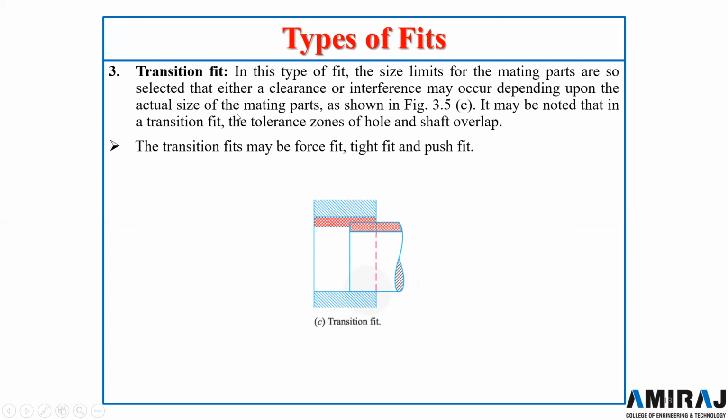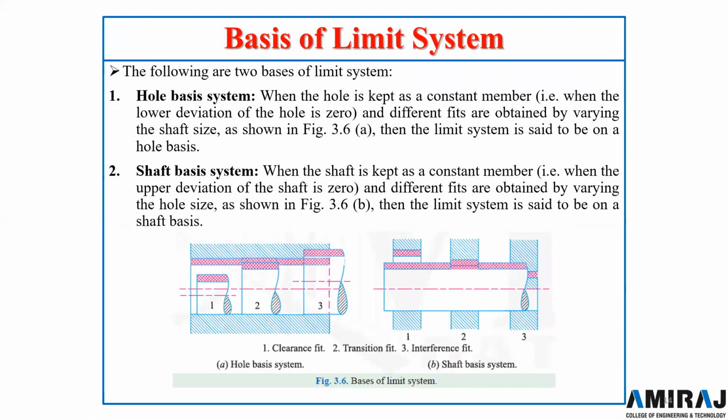It may be noted that in the transition fit the tolerance zones of hole and shaft overlap. So here the tolerance zones of both will overlap. The transition fit may be force fit, tight fit, and push fit. Okay, so this is about the transition fit.